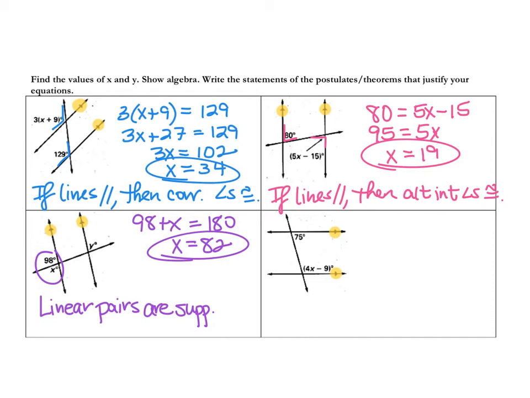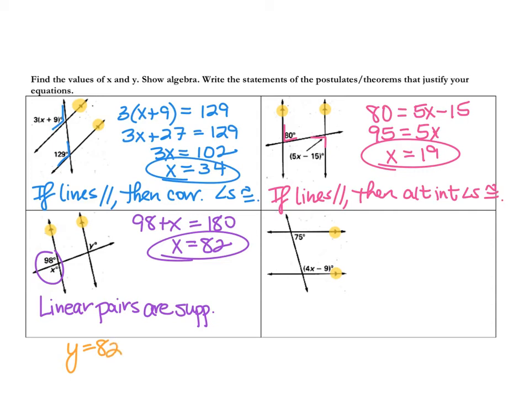All right, and then if that's 82, then we can say that y is also 82, because if lines are parallel, we'll write if-then form.